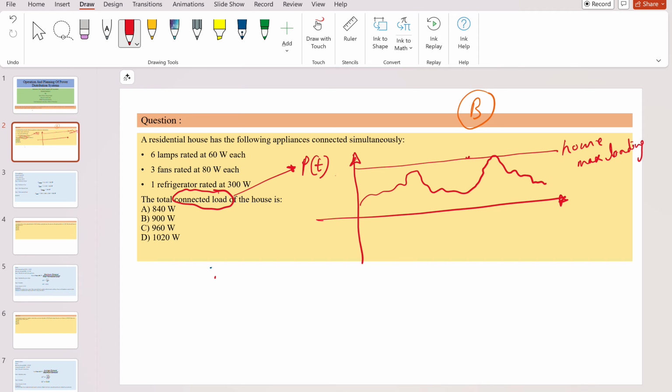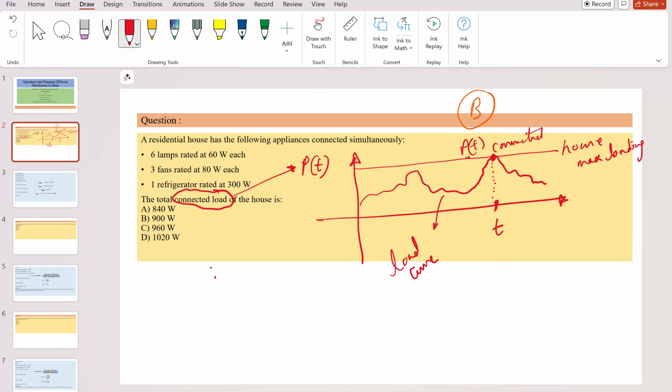So this is the connected load, which is constant, and this is the load curve of a house. At a particular time t, if you have power at this point Pt, this is called the average power. This load curve has power similar to the connected load.